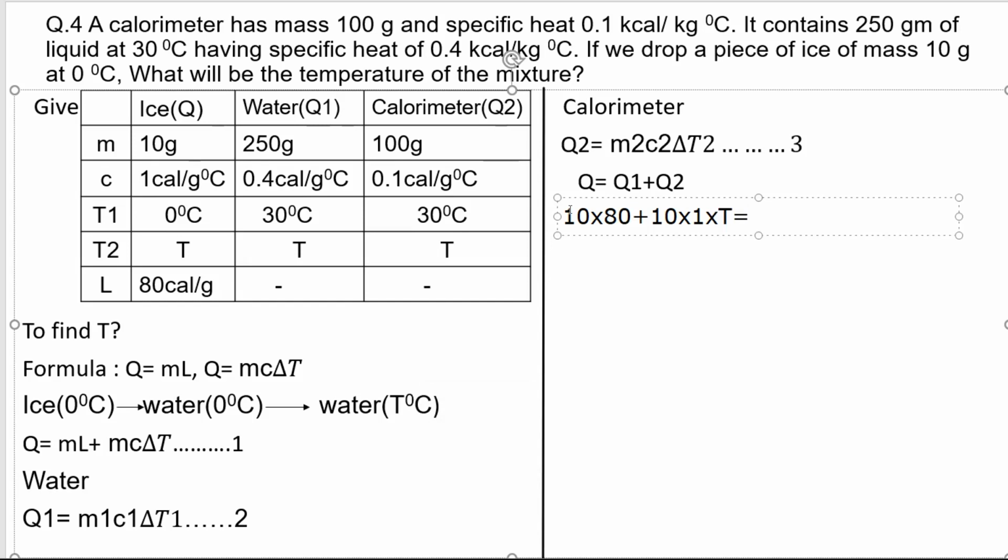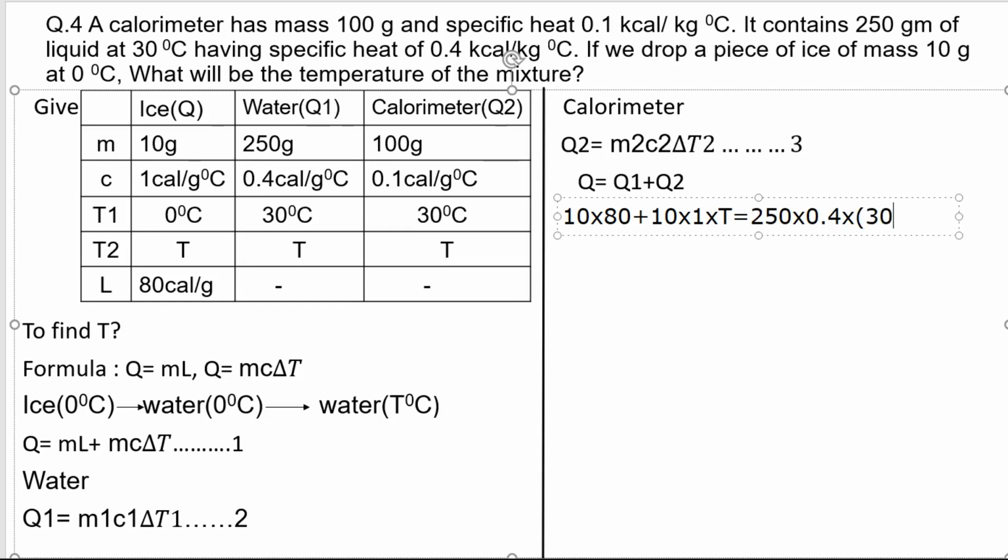Q1 plus Q2. Q1 is M1 C1, M1 is 250 into C1 is 0.4 into delta T. Here water and calorimeter lost heat, so their initial temperature is 30. If they lose heat, temperature will decrease. So higher temperature will be 30 only. Delta T is higher temperature minus lower temperature.